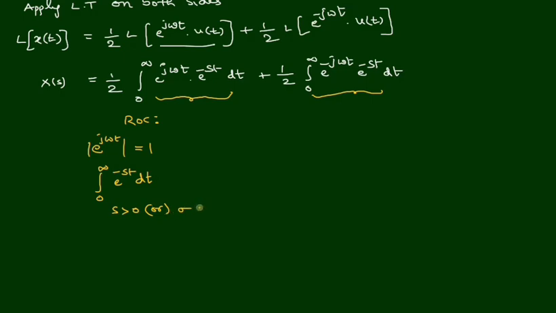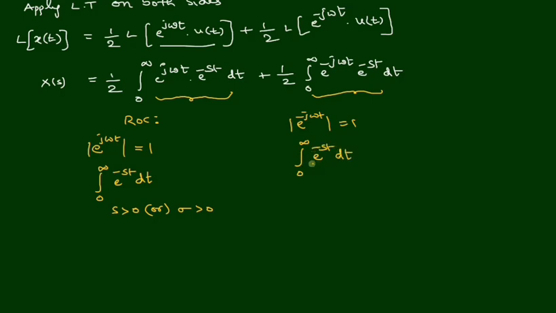So we can also write sigma greater than 0. For the second term, also e power minus j omega t has magnitude 1 irrespective of the values of omega t. So the expression is the integral 0 to infinity of e power minus st dt.